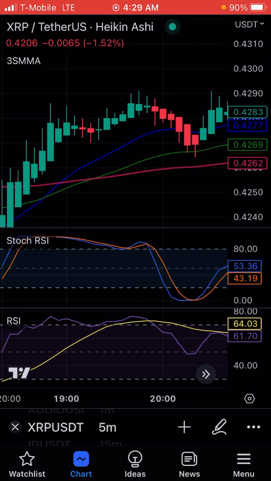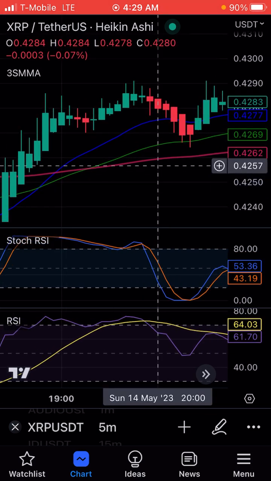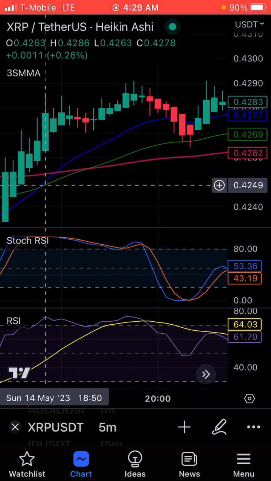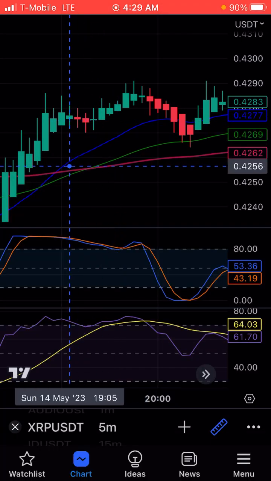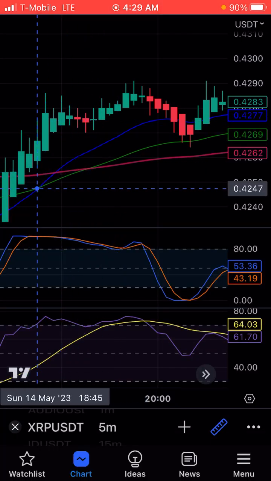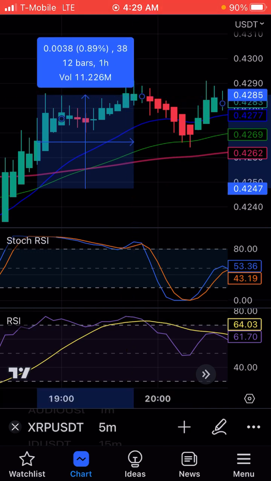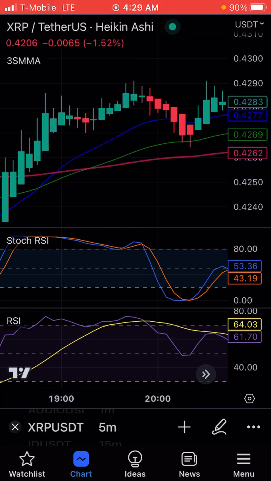So here's another example here. The 55 is below everything, but the entry point is right about here. So make your best judgment, but this would be a long for me. I would come in here and I'd ride it out, collect the gains in futures. So that is how I do it with my futures trading. That's how I made my gains with the XRP overnight.